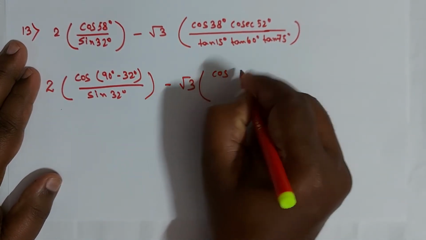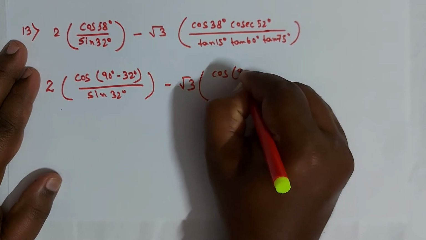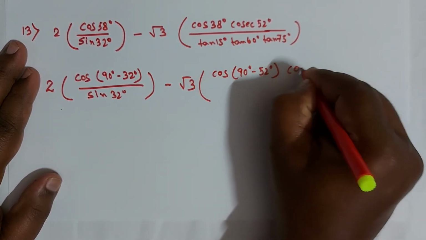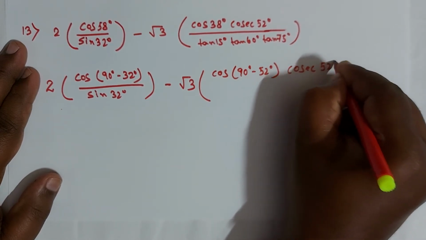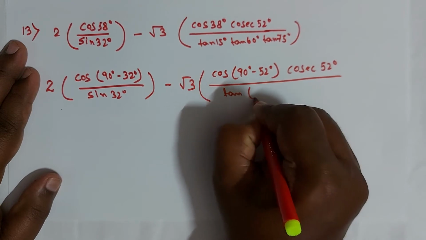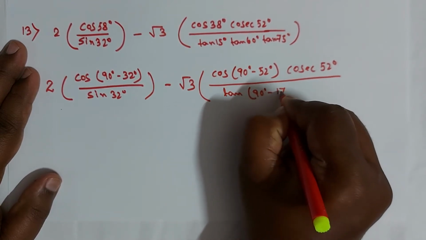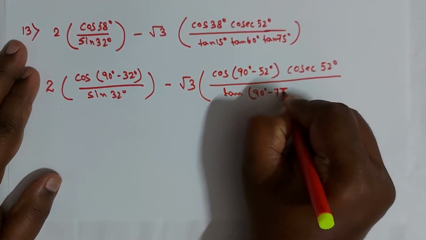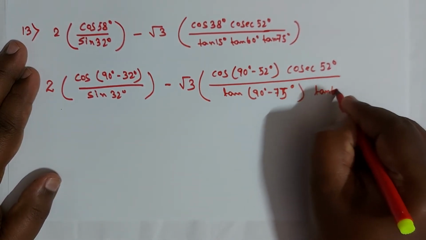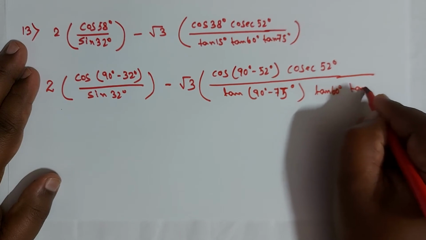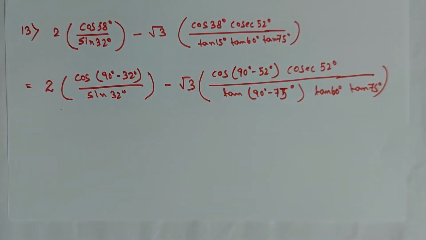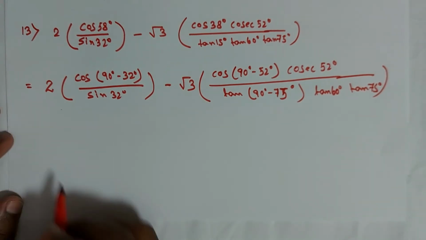So cos of 90 degree minus 52 degree into cosec 52 degree by tan of 90 degree minus 75 degree, this is tan 60 degree, and this is tan 75 degree. Okay, tan 15 we have converted to tan of 90 minus 75 degree.